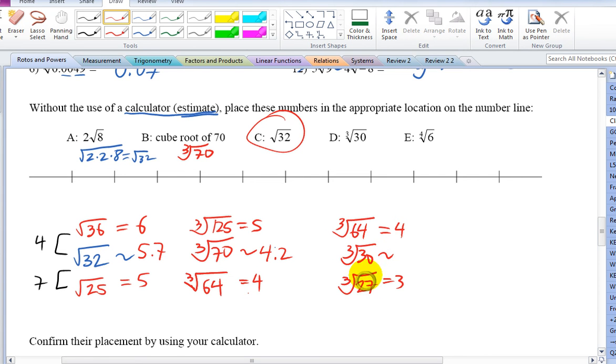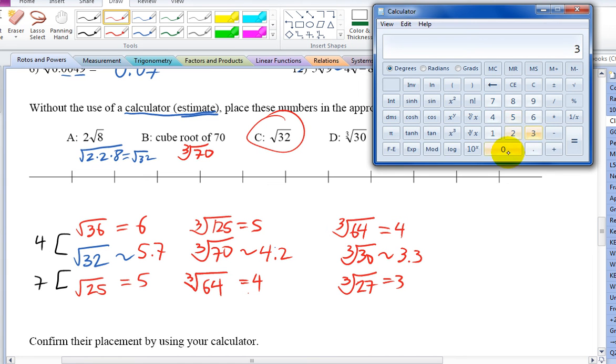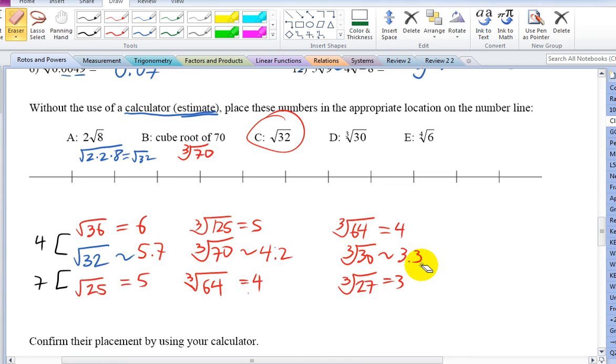Aren't these really close? So shouldn't these be really close? Sure. Try the calculator. 3.1. Okay. So 3.3 is a little high. 3.1, 3.2 is probably a bit better, but 3.3 is a little bit high. It's harder to do those ones accurately.